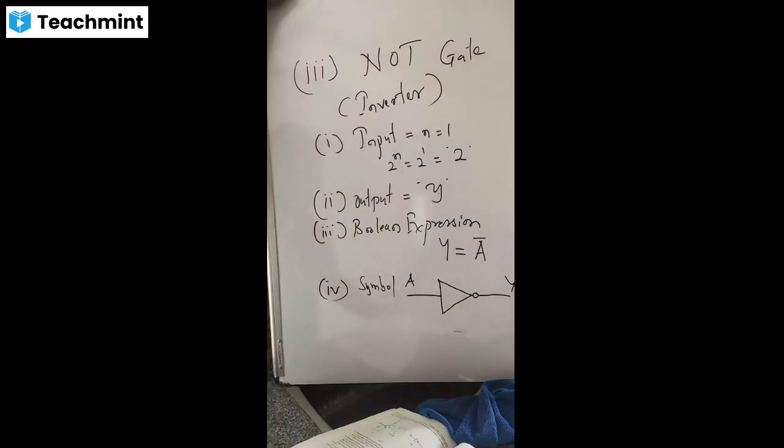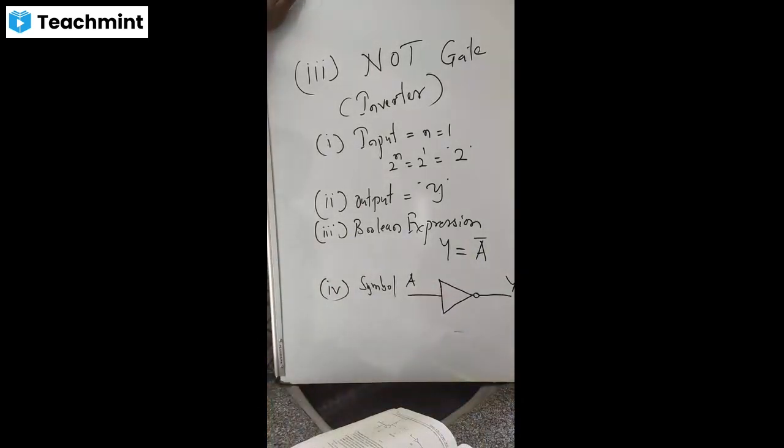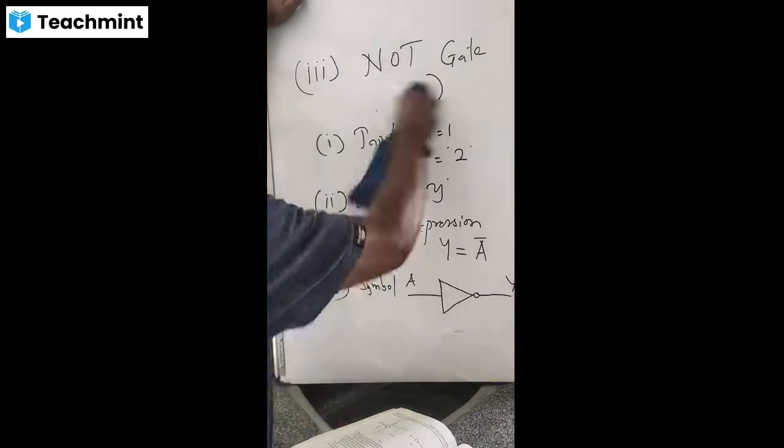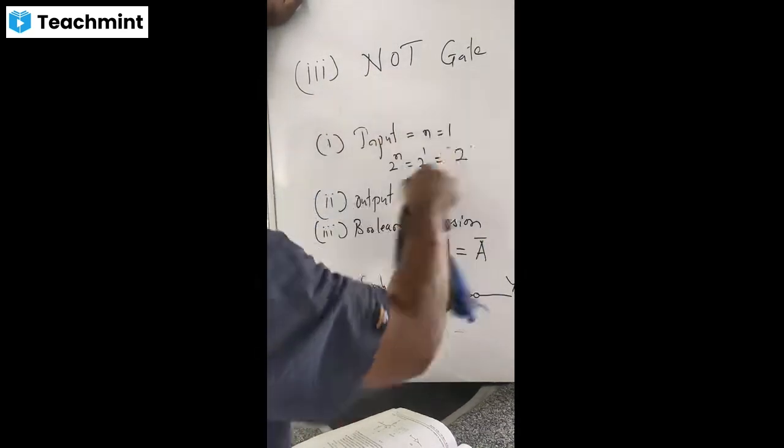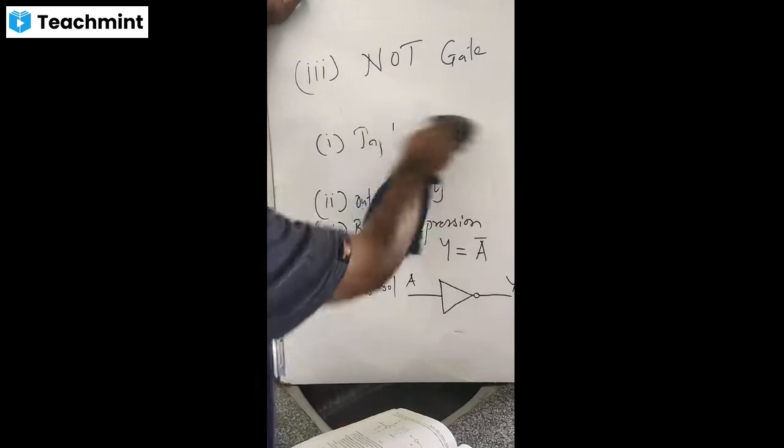Okay. Now, the fifth one, you need to write the truth table. I hope you people have written this. So quickly write. You need to have the truth table. Since only two operations, it will be a small truth table.